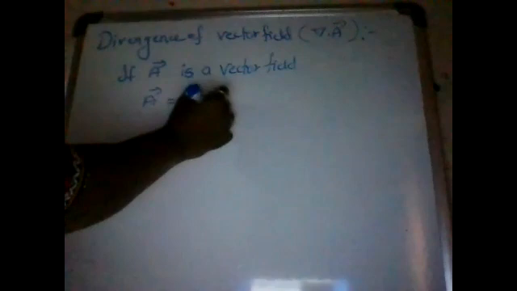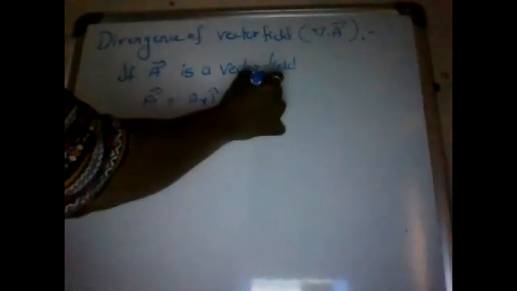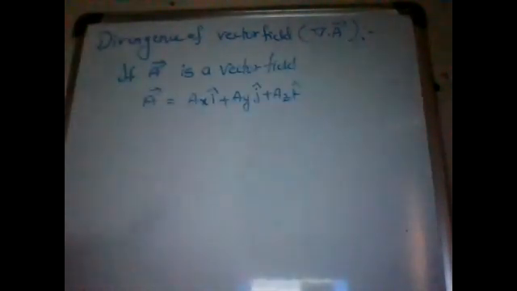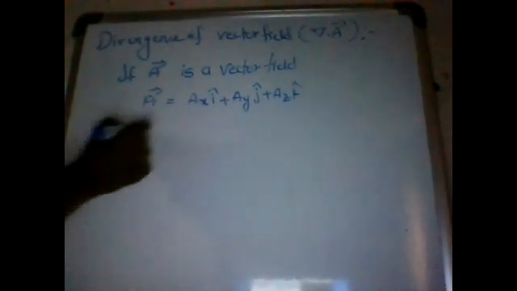A suffix x into i, plus A suffix y into j, plus A suffix z into k. This is a vector.